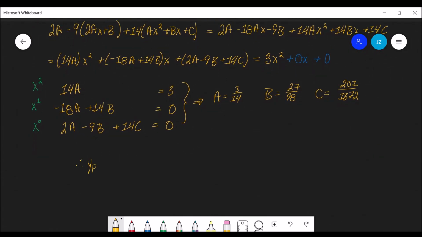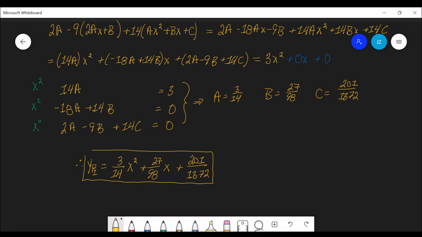Therefore, our first particular solution is 3 over 14 x squared plus 27 over 98x plus 201 over 1372. So again, we'll just store that for right now.